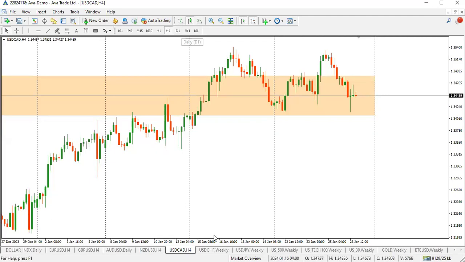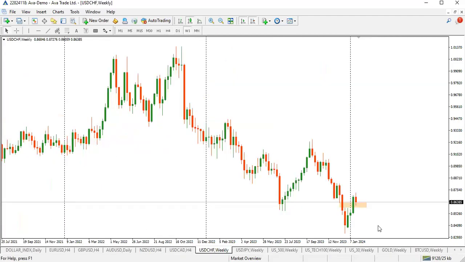On Swissy, this is USD CHF. What has happened? We consolidated within that price range. You can see it just went back to trade back into this inversion FVG.